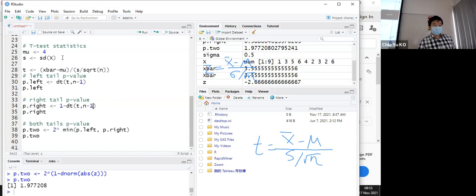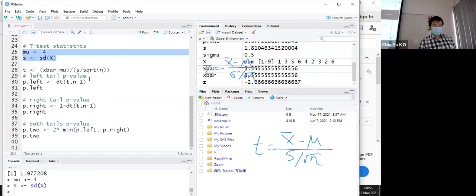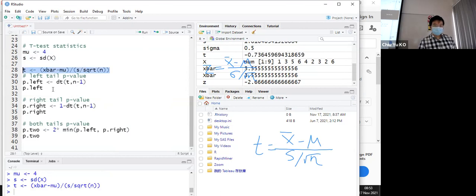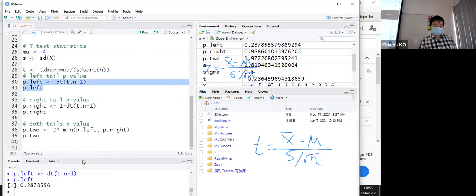Okay. So suppose you're given a certain mu, right? And then this is the t-stat. And then this is the left tail test. It turns out to be left tail. Now you cannot really reject it, right?